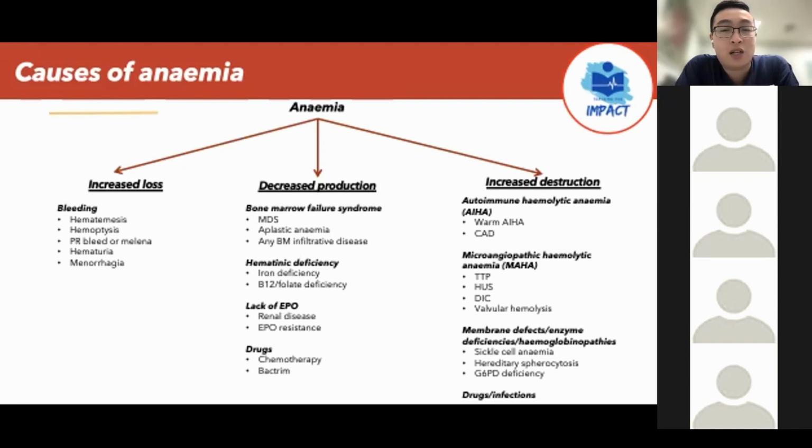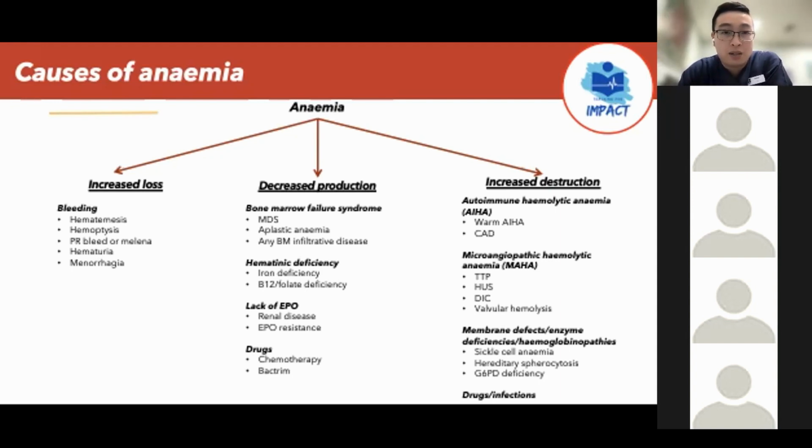If you just rely on the MCV to work out causes, often you'll be led down the wrong path. That's what we call the morphologic approach to anemia. I prefer a more practical approach, and the approach that I'm going to talk about is called the kinetic approach to anemia.